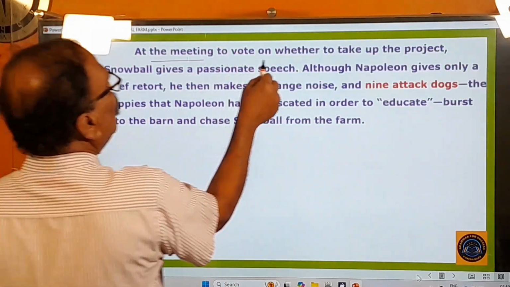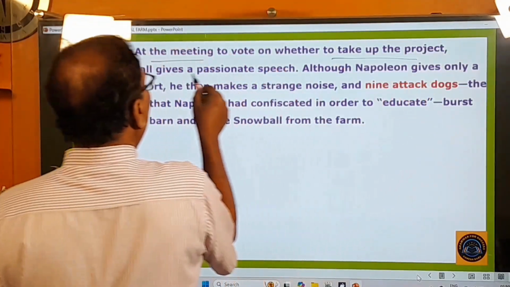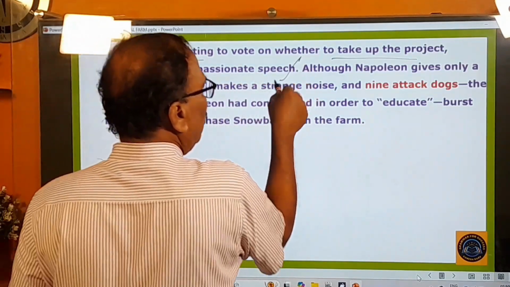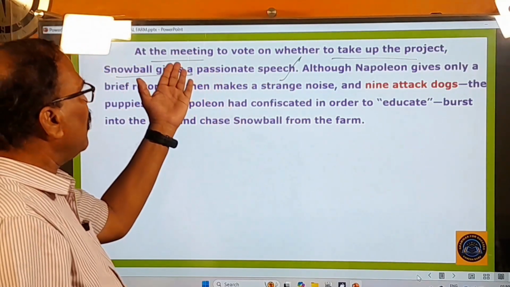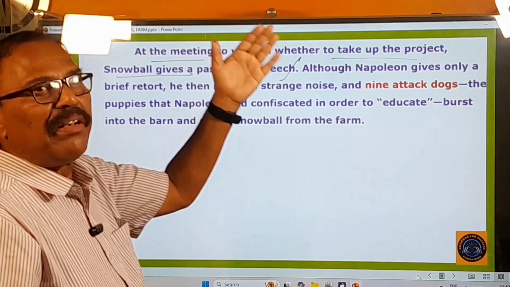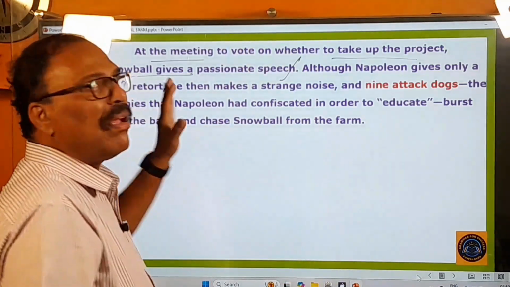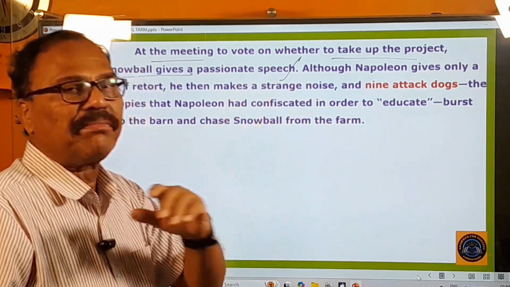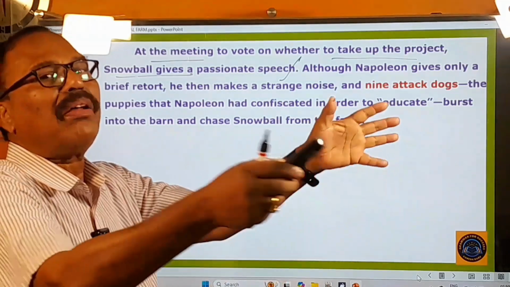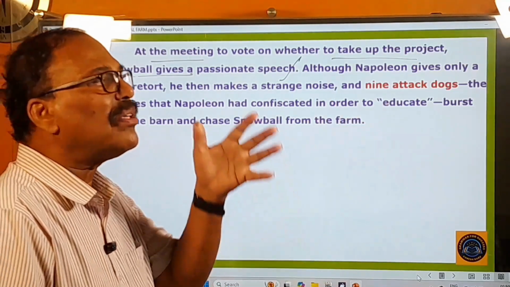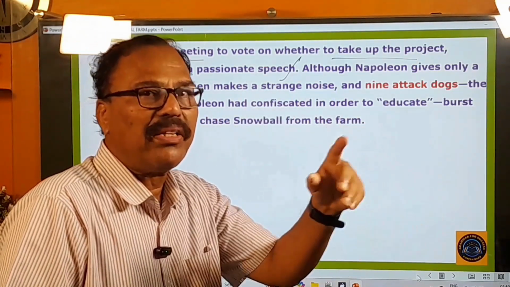At the meeting to vote on whether to take up the project, Snowball gives a passionate speech. So here you pay attention. The very next day, Snowball convenes a meeting with all the other animals in order to take the consent of other animals also.